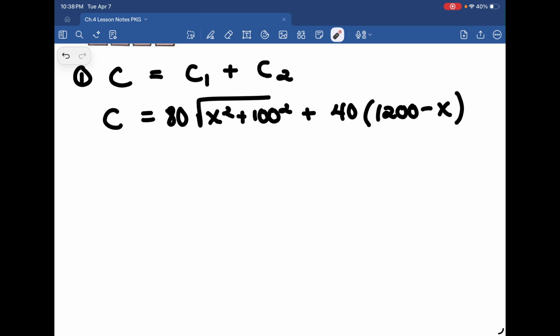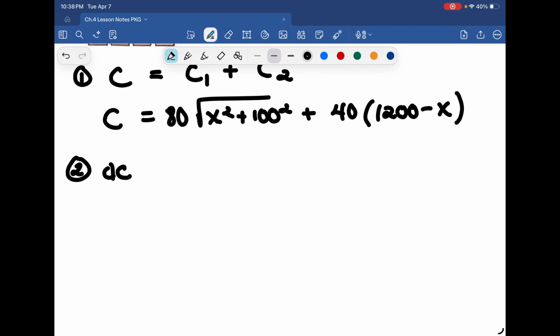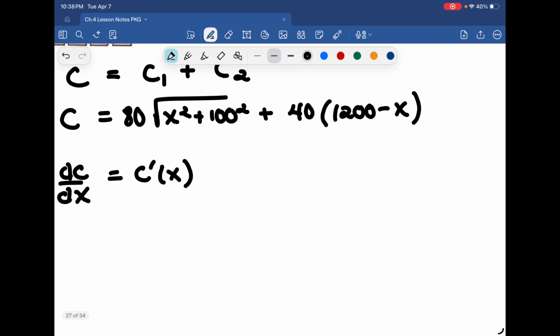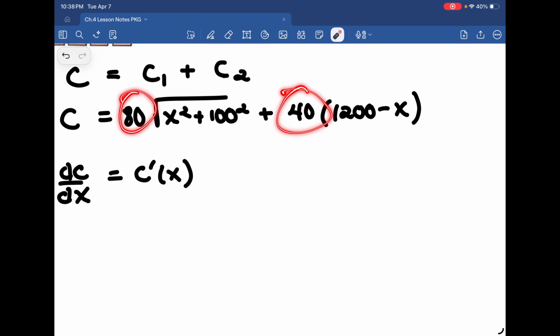Okay, perfect. Let's make sure that we do our derivative of this in step number 2 so that we can get our critical numbers. So in number 2, we're going to go dC over dx is equal to C prime of x, the cost derivative. Remember that if we have these coefficients, we can save those till after.